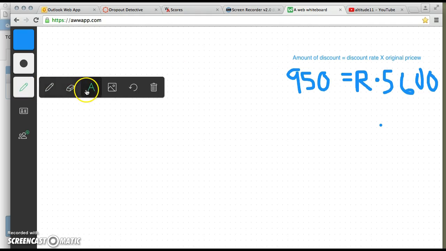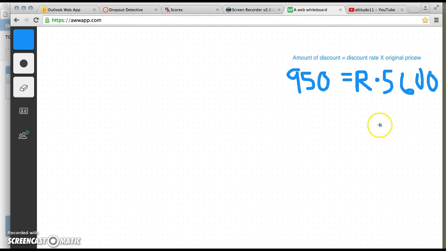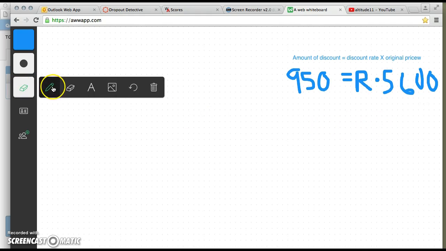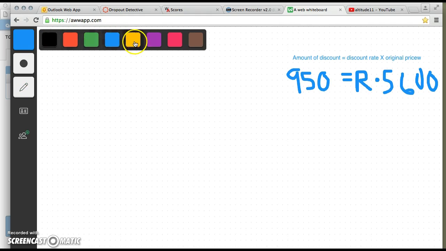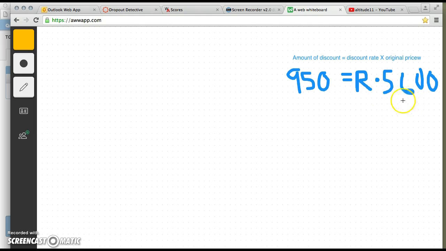Okay, so remember, to solve for a variable means to isolate that variable or to get it by itself. So we need to get the R by itself. We're going to do that by moving this 5,600 over to the left-hand side. So how are the R and the 5,600 connected? They're connected through multiplication. To undo multiplication, we divide.